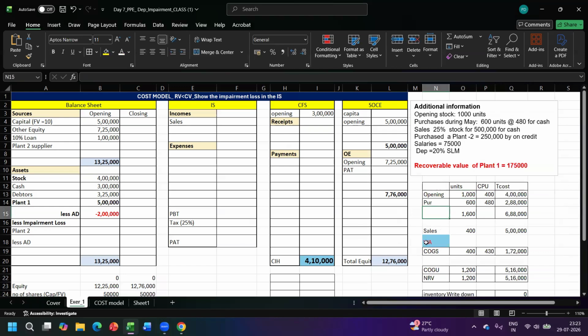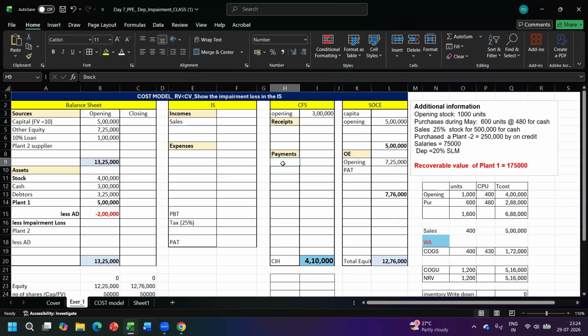This is a working note which will help us to find the cost of goods purchased plus and cost of goods sold and cost of goods unsold. Since no information is given about the methods of inventory valuation, for this exercise, we are going to use weighted average cost method.